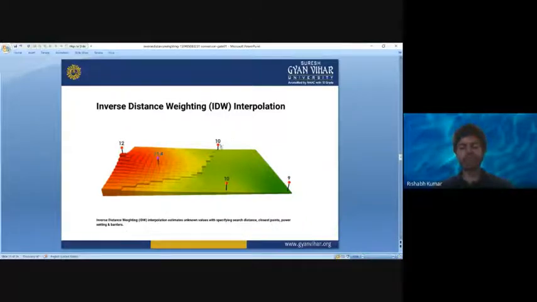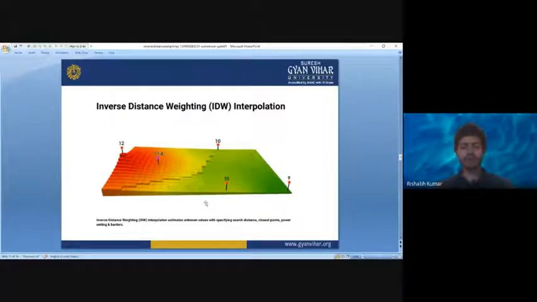Okay, so these red ones in this diagram represent the locations with known values of a variable. Here, the variable is height, right? You can see there are elevation differences in this diagram. So these red points are the points where the values of elevation are known, and we have to find out the value of elevation at this location, at this blue point, right?